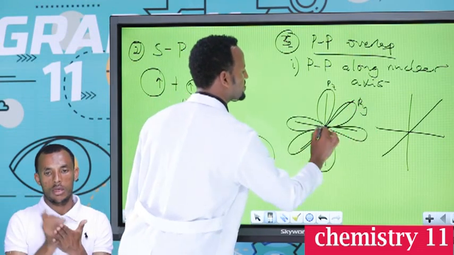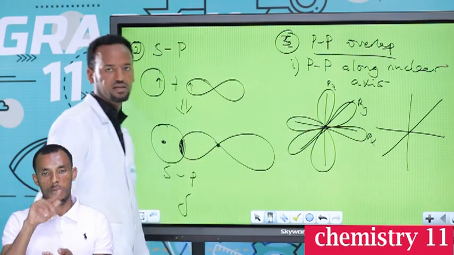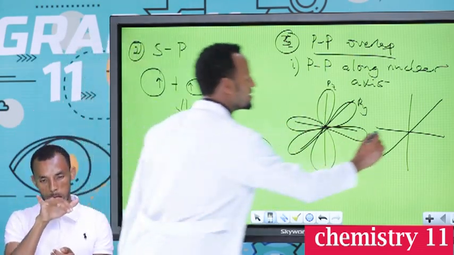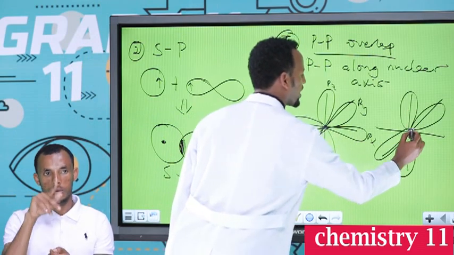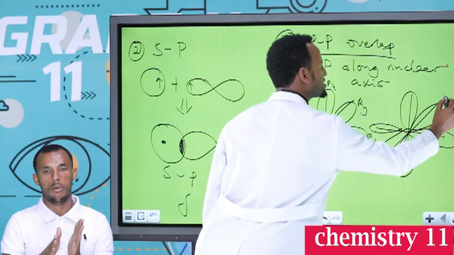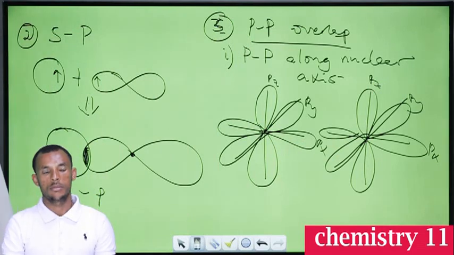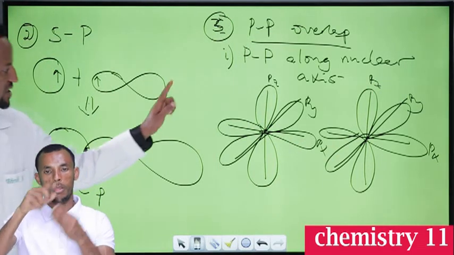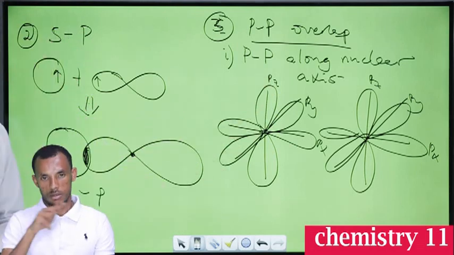Let's take this one is Px. Px, Py, Pz. 3 types of P orbitals.